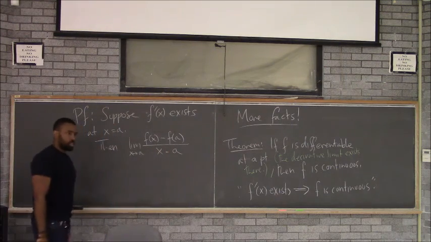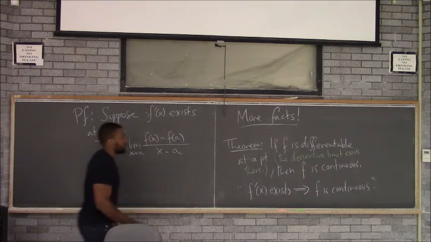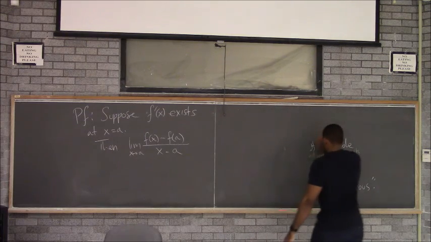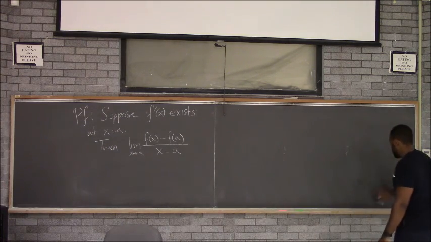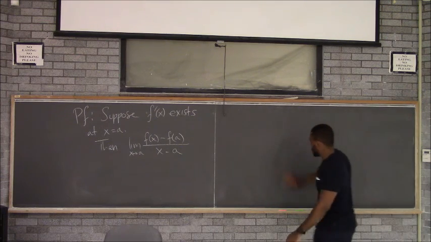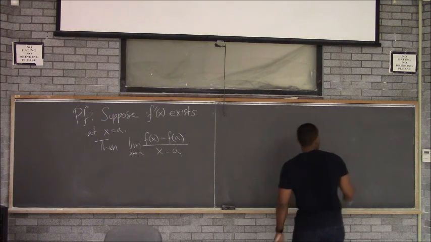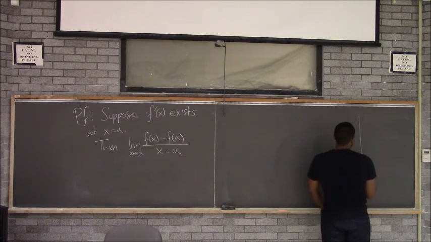Let me just do a little side note. A lot of times I use the limit as h approaches 0 of f of x plus h minus f of x over h, but sometimes it's just nicer to use this one.